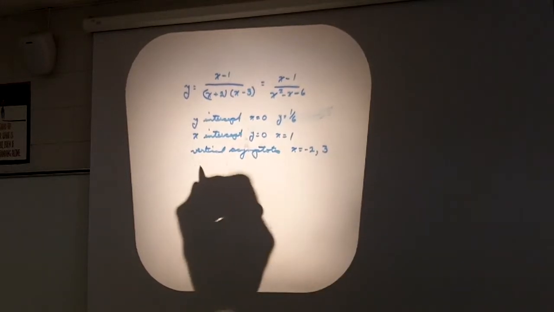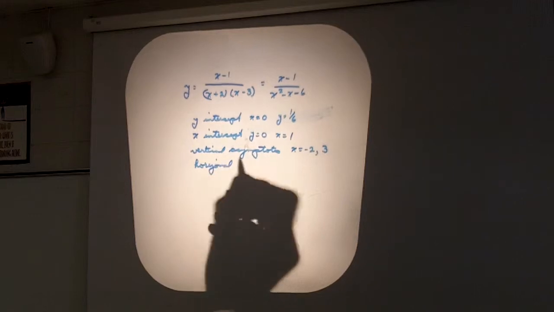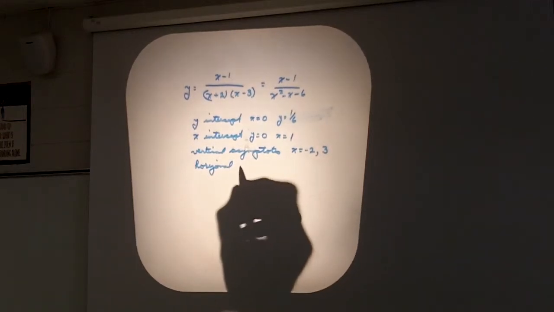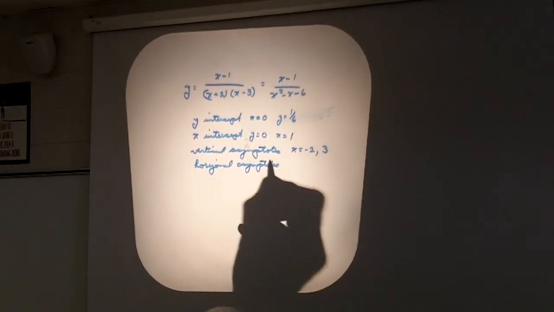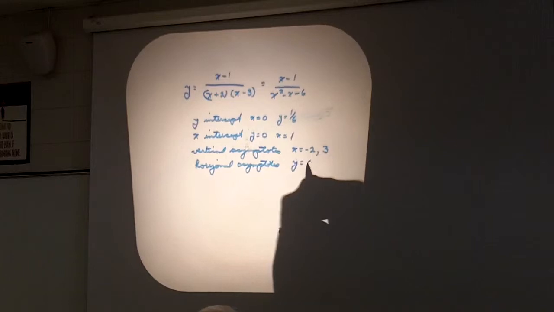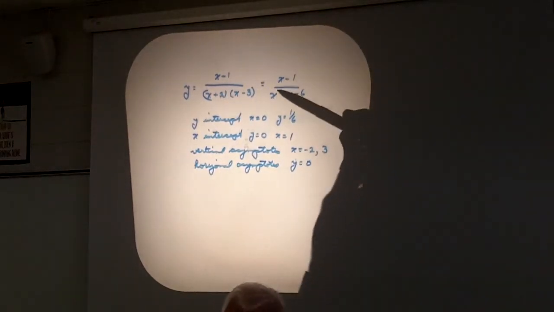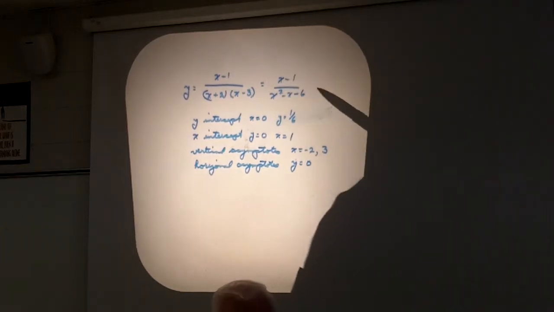Now, how about the horizontal ones? Somebody said 1, that is not correct. It's 0. That's y equals 0. That's because the power is down here, and all we're going to look at is this term and this term. Nothing beyond this.